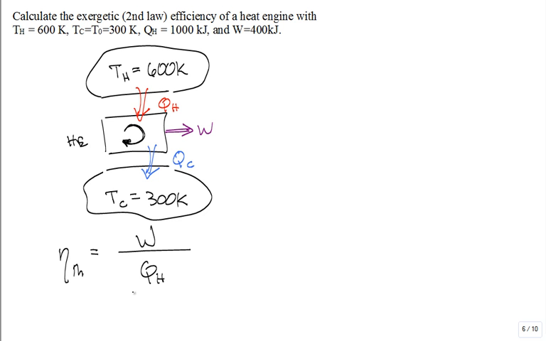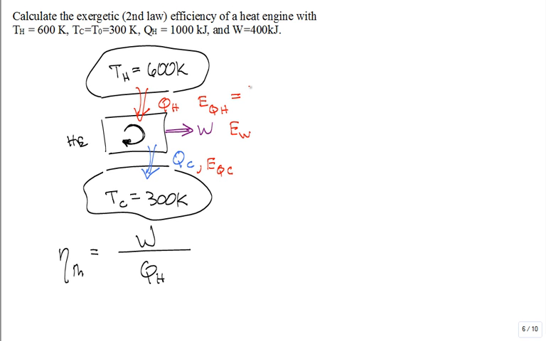True? Right. Now what I want to do is I want to talk about exergy, and I still want to use that same illustration. Is there a flow of exergy with the heat transfer from the high temperature reservoir? Sure. Is there any exergy transfer with the work coming out, that shaft work coming out? Sure. And could there be some exergy transfer with the heat going to the low? There could be. What is our model for this?